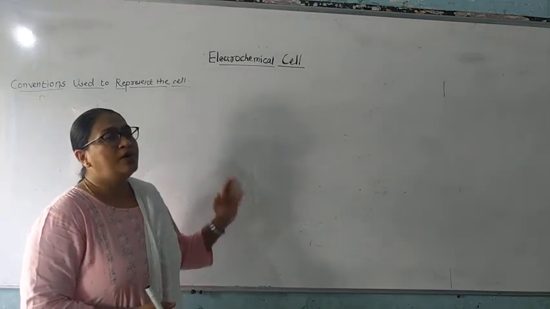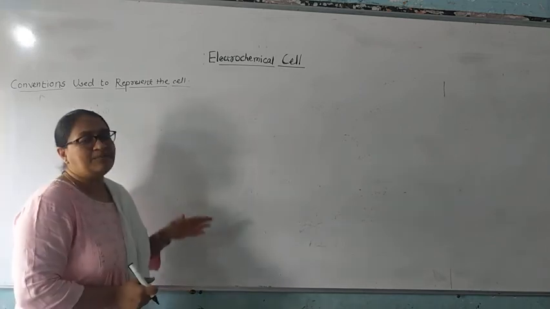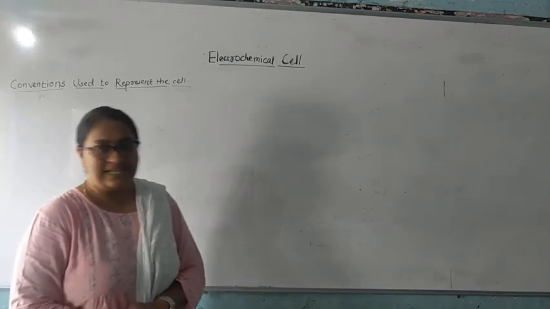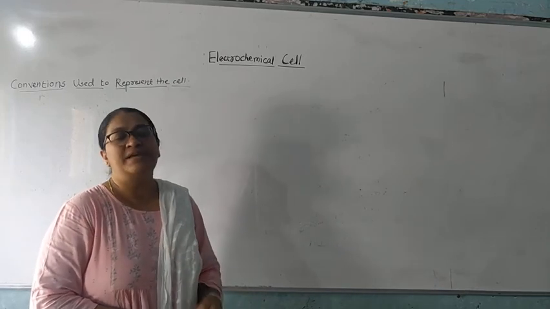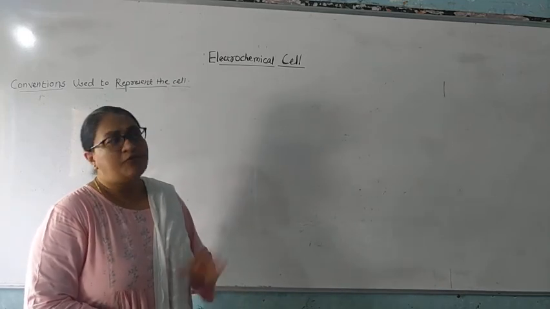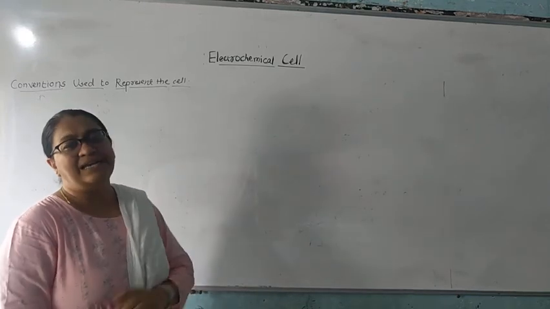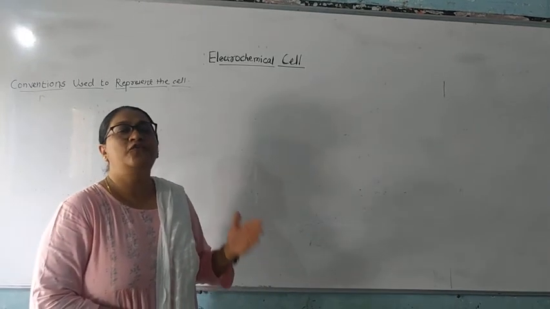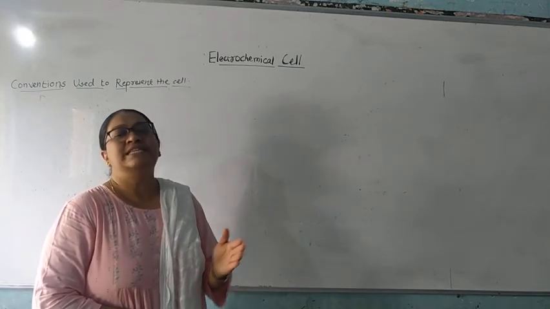Now we are going to the different conventions used to represent an electrochemical cell. These electrochemical cells are represented very typically. From left hand side to the right hand side, these cells are written, and there are different conventions used to represent this cell.